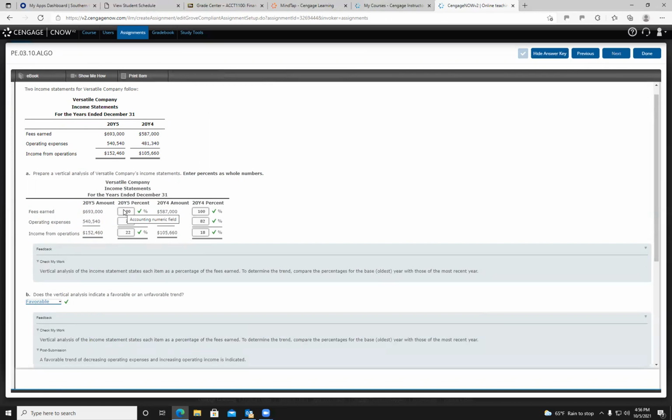Then you're always going to take your operating expenses and divide it by your total fees earned, and that'll give you what percentage of your revenue went to expenses. Obviously we had a favorable trend because we used less revenue for operating expenses, leaving more percentage of our revenue to go to our net income.